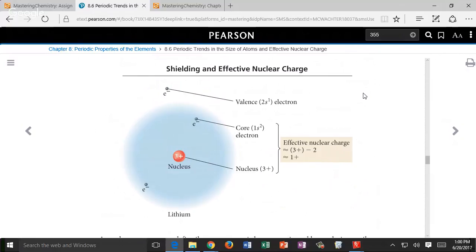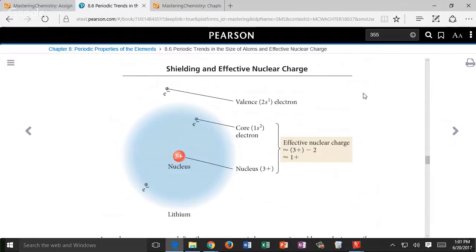What's the charge of the nucleus in a neon atom? 10 plus. So with a 10 plus nucleus and 2 core electrons, the valence electrons are feeling an 8 plus effective nuclear charge, compared to the 1 plus in lithium.